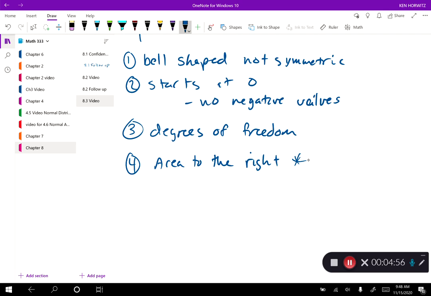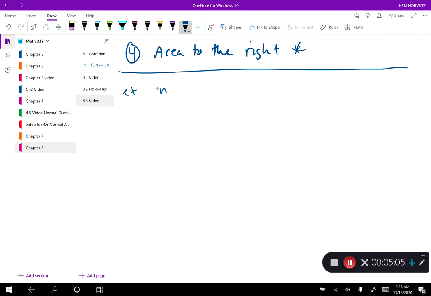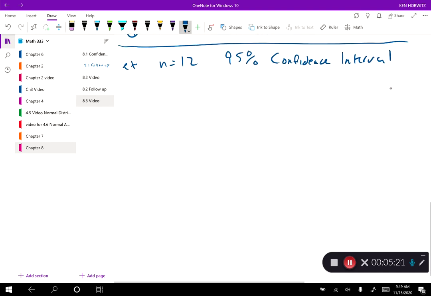So here is our first example. n equals 12, and I want the 95% confidence interval. I want to find these critical values.